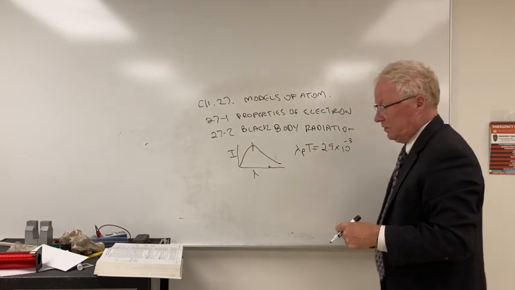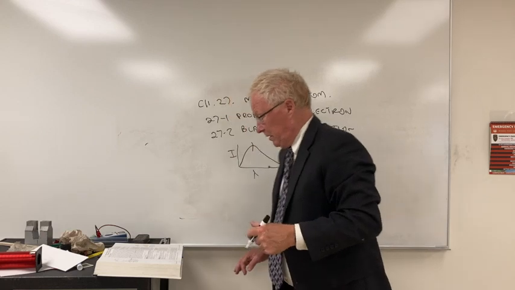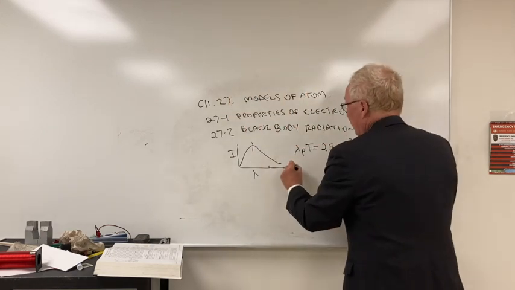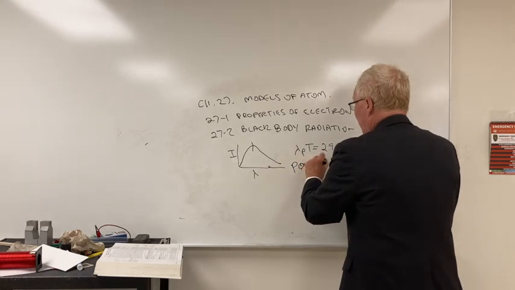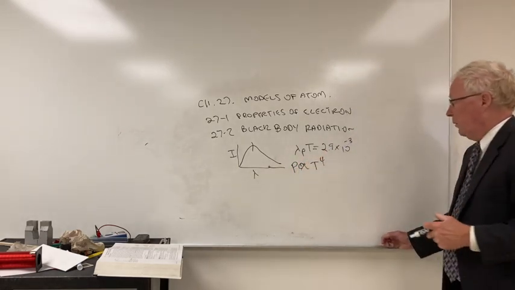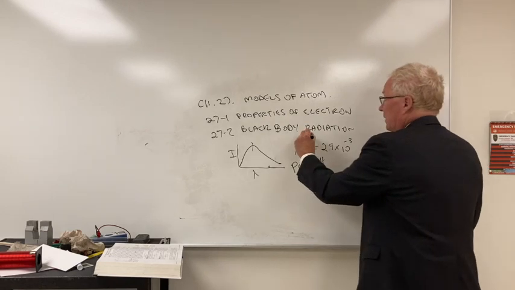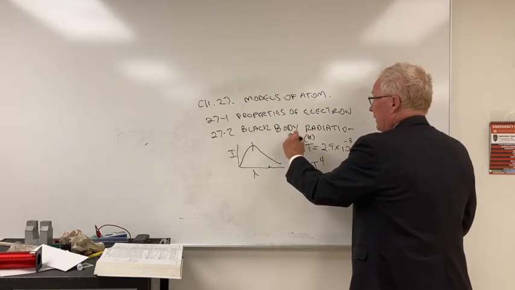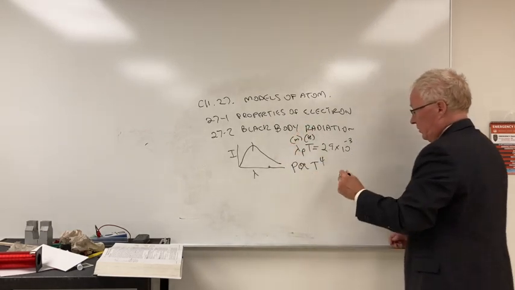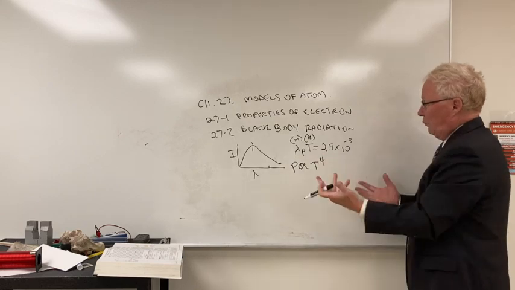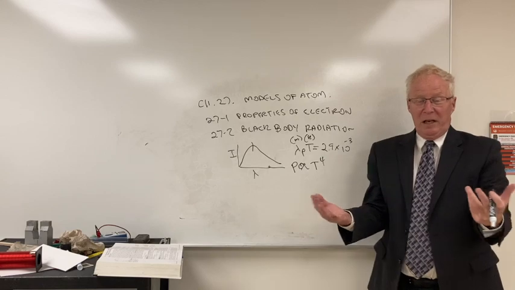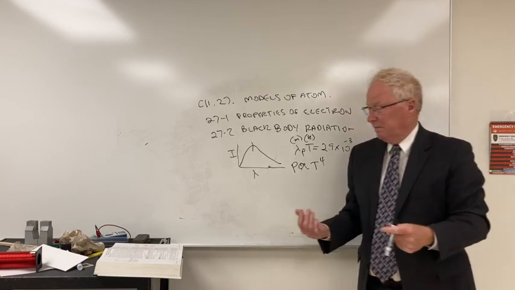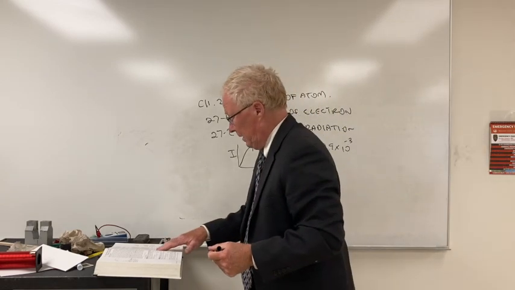And also the power radiated is proportional to the temperature to the fourth power. The temperature is in degrees Kelvin, and the wavelength is in meters. So you double the temperature, and the power radiated goes as 2 to the fourth, or 16. So that's that part.